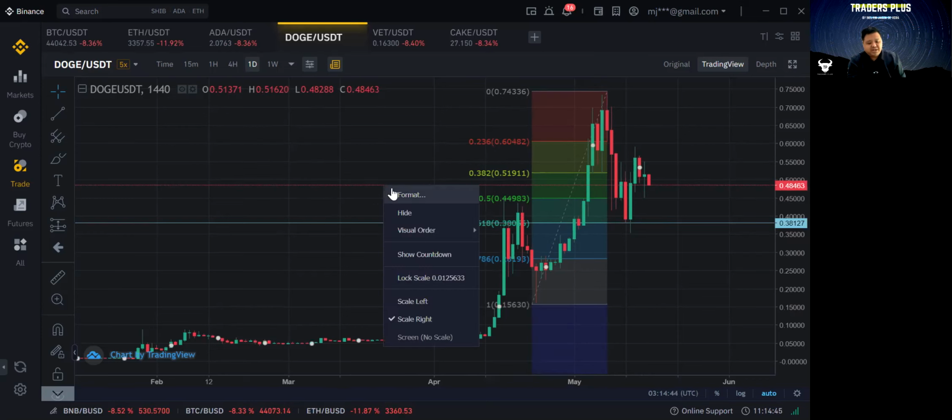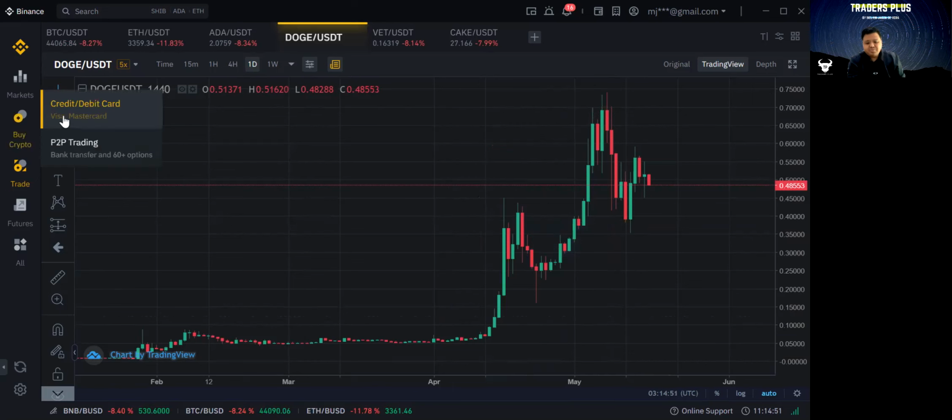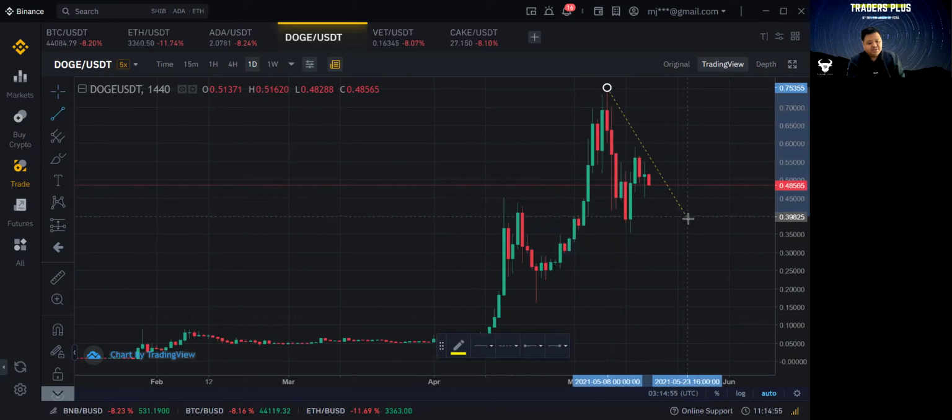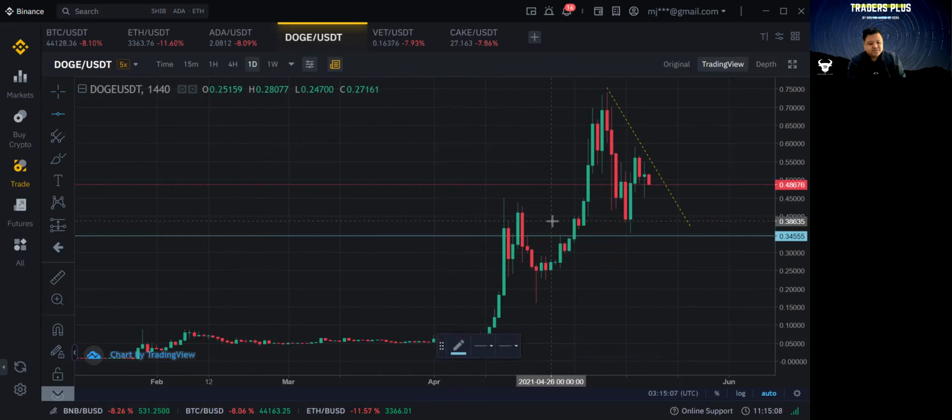So, sa daily, makikita natin, draw tayong bago. May trend line pa rin tayo. Ito. Still going. Okay? And still, ito ay support. And the bottom of those candles is still a support. Alright?